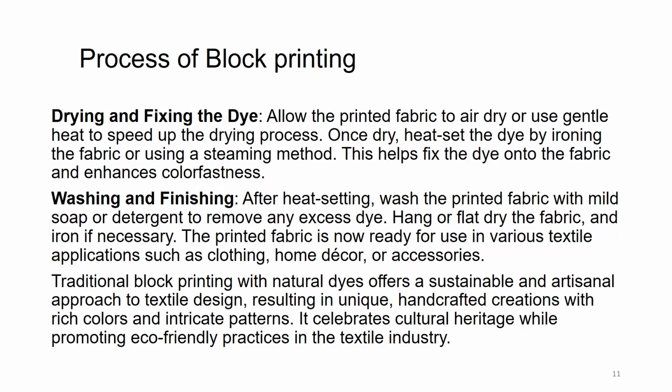It will just remain on the surface, and when you wash the fabric it will get washed out. So, the heat or the ironing actually decides how much of the colorant has gone within the fabric. This helps to fix the dye onto the fabric and enhance color fastness.